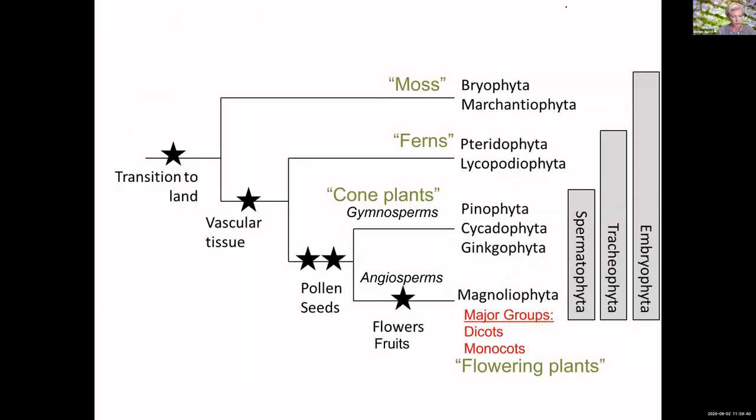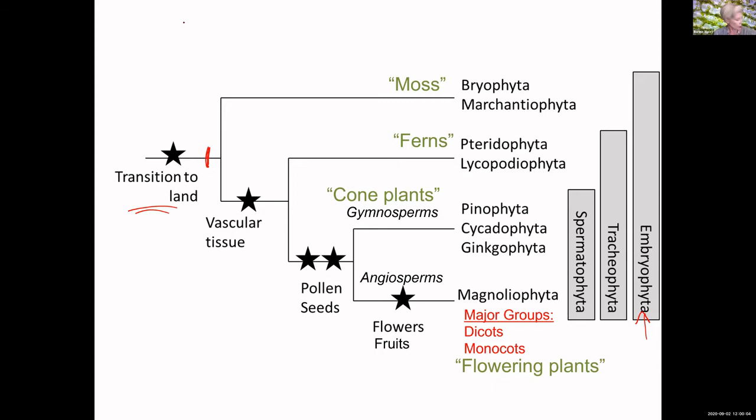So when we look at just the embryophytes, this is the embryophyte tree diagram. And this idea of the transition to land has to do with characteristics that needed to change in order for plants to be able to live on land instead of in the water. So one of them is unique to the embryophytes.